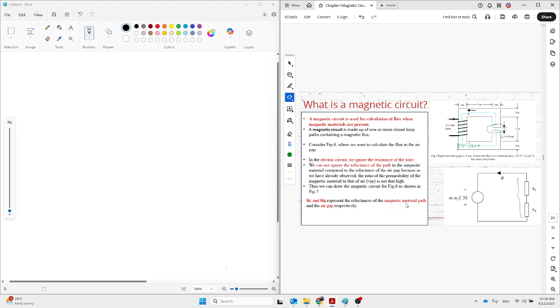Then the magnetic material path in the air gap looks like this. Later I will discuss the air gap and its assumptions.